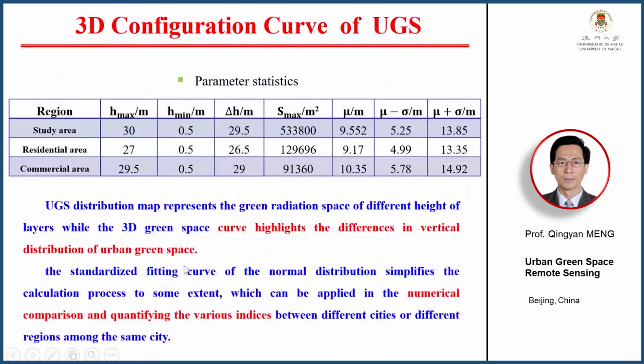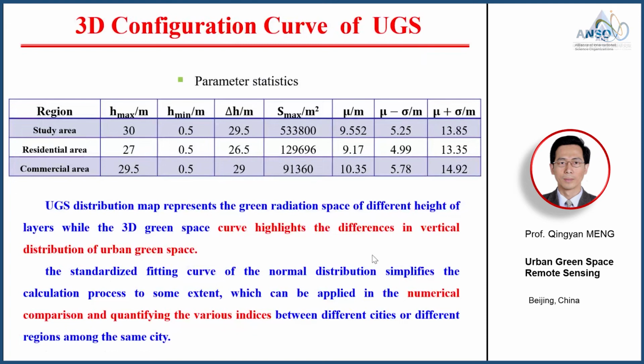And then this UGS, urban green space distribution map, represents the green radiation space at the different height layers, while the three-dimension green space curve highlights the difference in the vertical distribution of the urban green space.